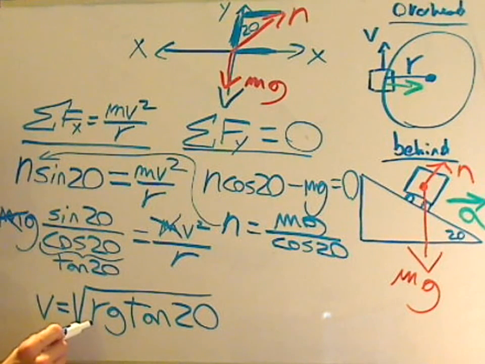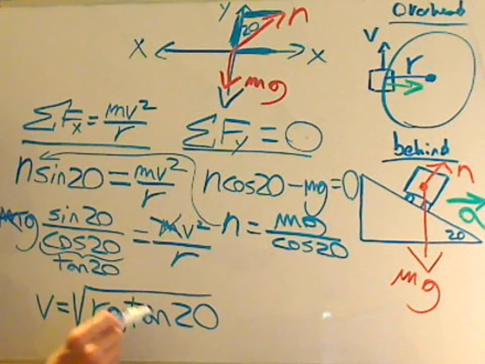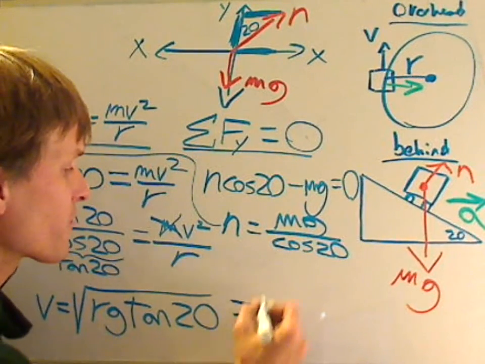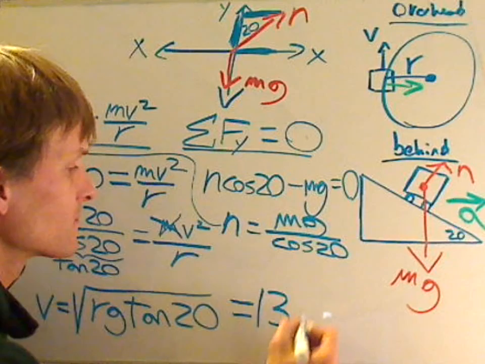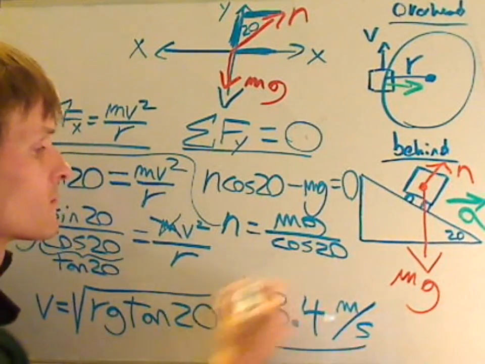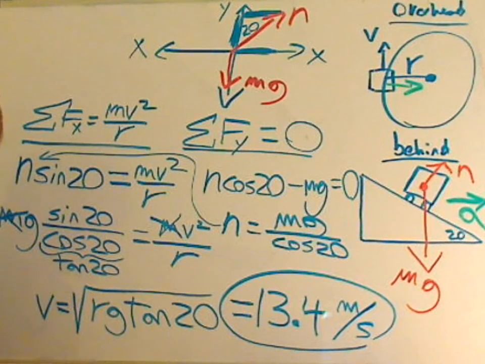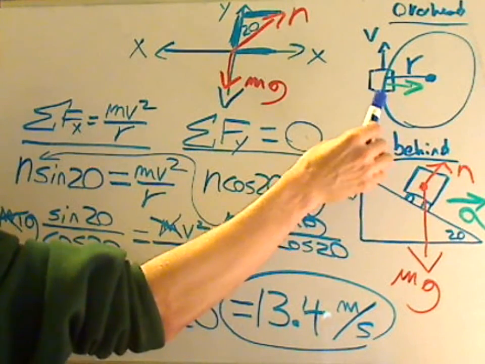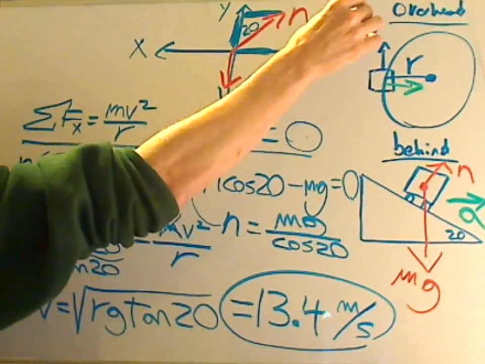So r is 50 meters, g is 9.8, times the tangent of 20, then take the square root, and you get the answer 13.4 meters per second. Okay? So any faster than that, and the car can't make this curve. The car is going to slide basically off the curve.